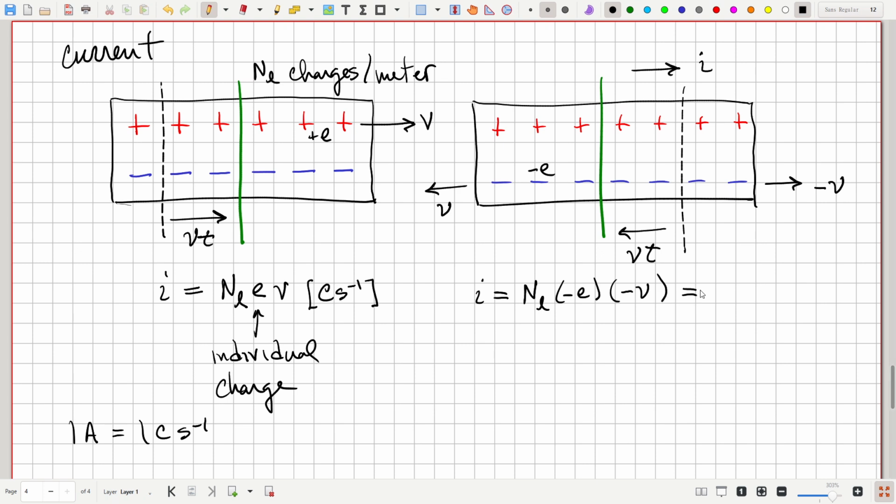Well, notice what happens. You've got negative charge flowing to the right with a negative velocity. The two negatives cancel out and you get the same result: the number of charges per unit length times this fundamental charge times this absolute velocity v.